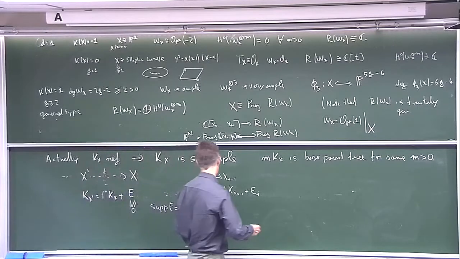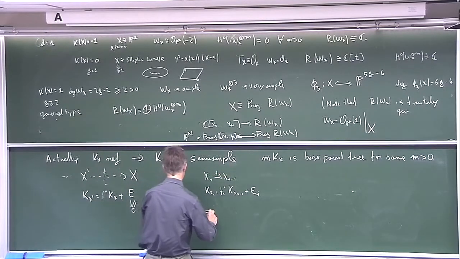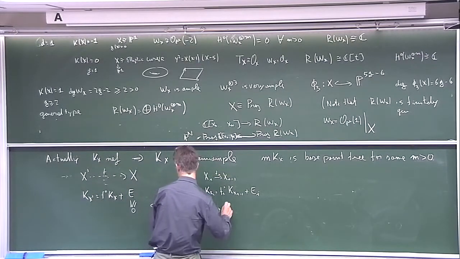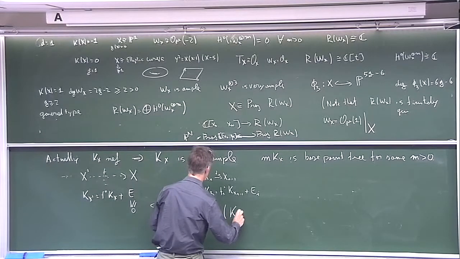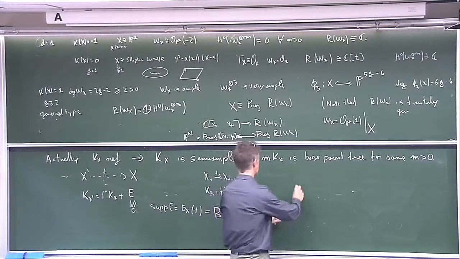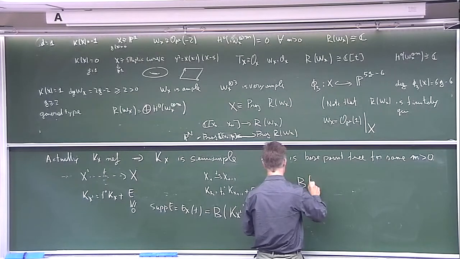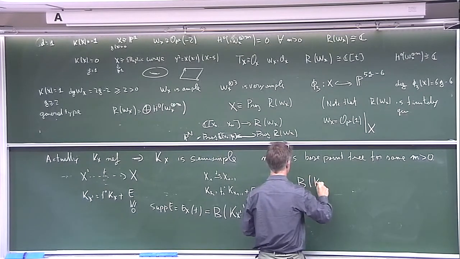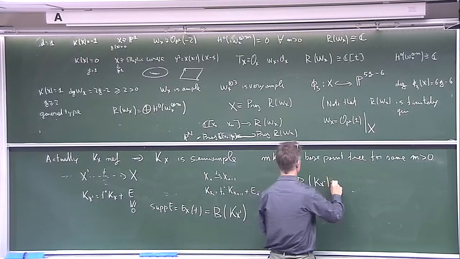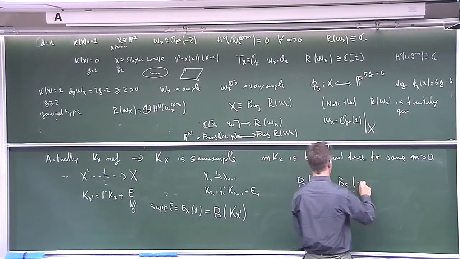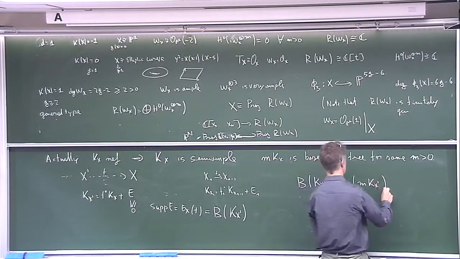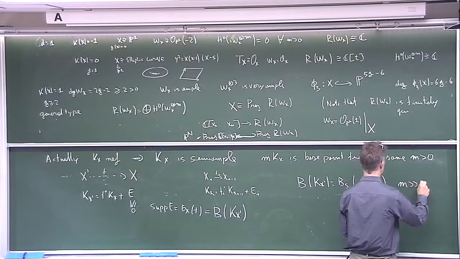So another way to view this is as the stable base locus of K_X'. So the stable base locus of K_X' is just the base locus of mK_X' for m sufficiently big and divisible.